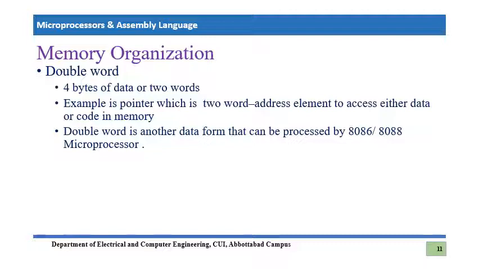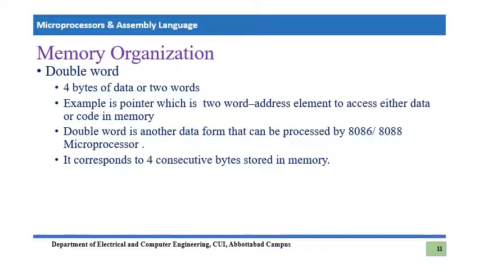So it's another reformation of the words for the same thing. Double word is another data form that can be processed by 8086 or 88 microprocessor. So double word, pointer, two word is the same thing. Same thing corresponds to 4 consecutive binary location. We're going to take an example of this as well in the coming slide.